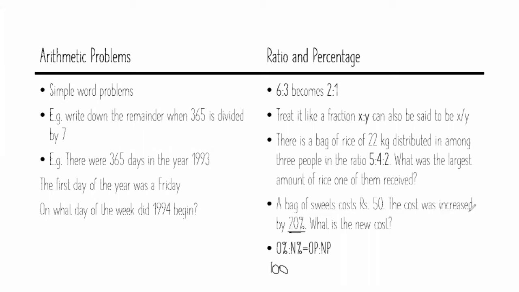If it's decreased, then 100 minus the given percentage. So this becomes 120. So 100 is to 120 equals the old value, 50, is to the new value, which we'll call x. We can easily do that by treating them as fractions, and that's just a simple equation.